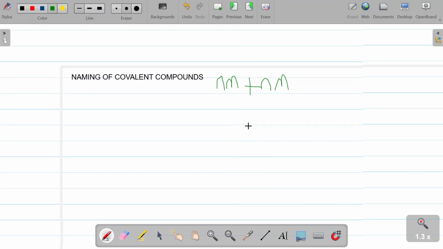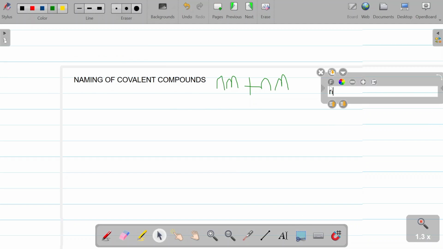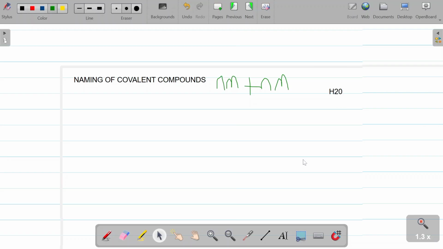Okay, so let's actually get straight into naming. Let me put H2O here. H2O, we know it as water, but what would be the compound name? But before we get into it, let's have our basics straight. In covalent compounds, we put some focus on the number of atoms.